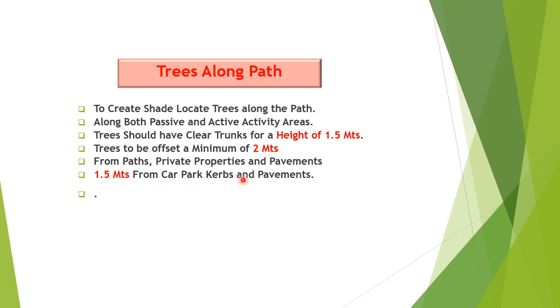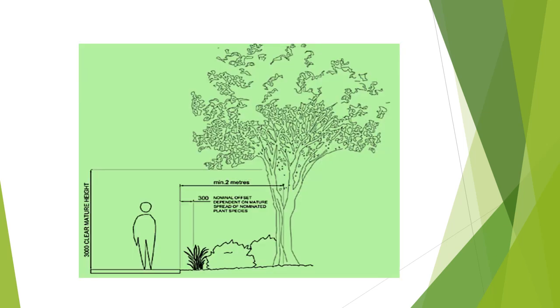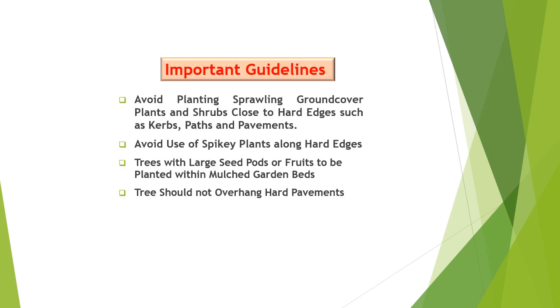That means the trunk should be clear above breast level height to allow visibility, and the tree should be at least 2 meters away from the path, with trunk clearance up to 1.5 meters to give more visibility in the park.